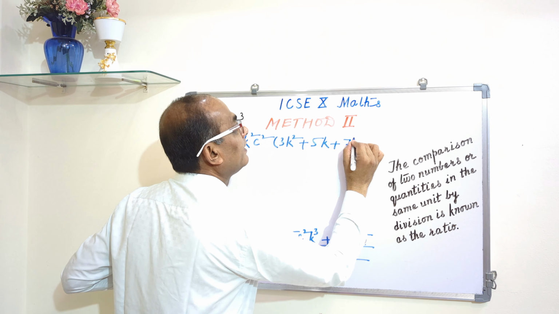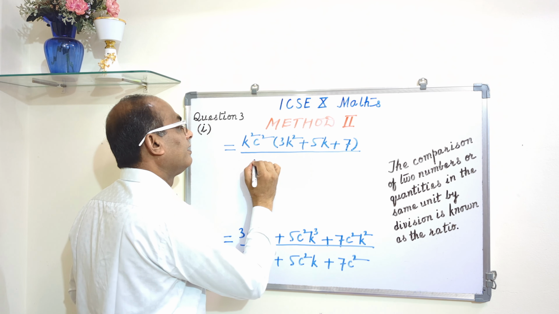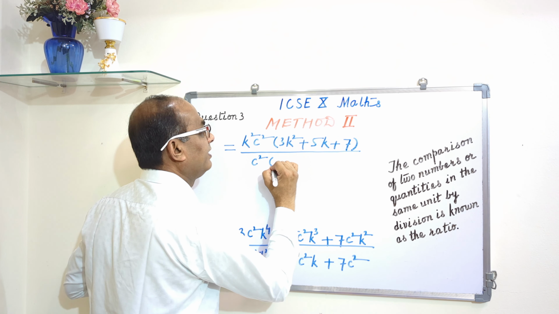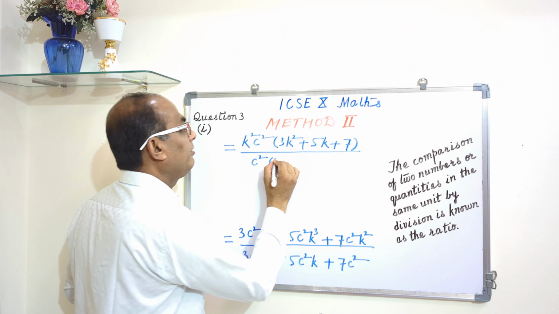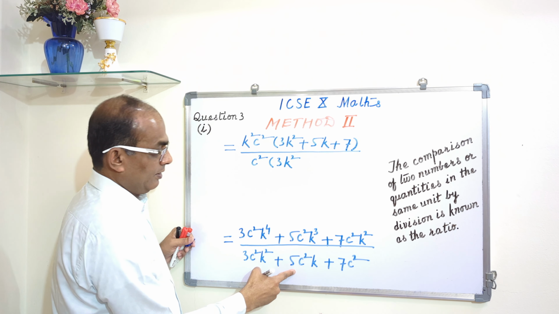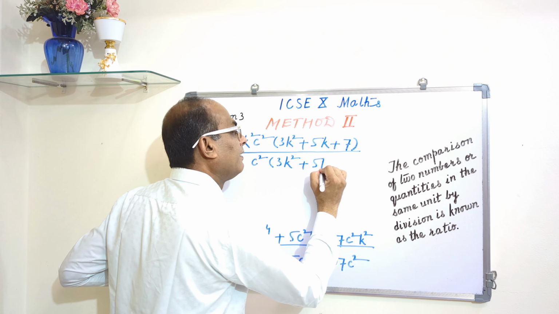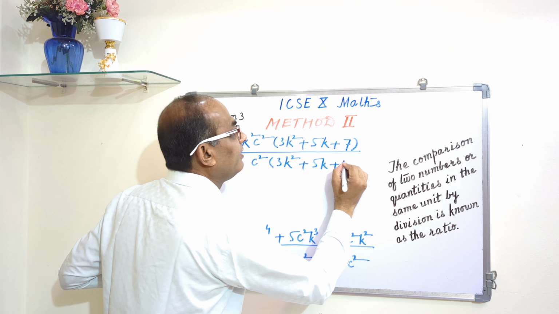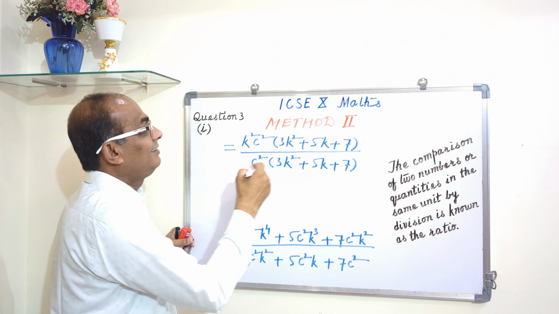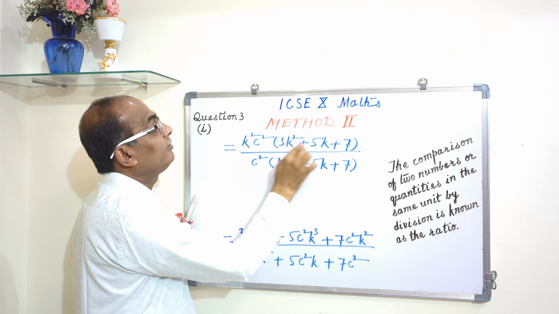All divided by, what is common here? C square is common. We take c square common, what are we getting inside? 3k square plus 5k plus 7. See the bracket 3k square plus 5k plus 7, 3k square plus 5k plus 7.